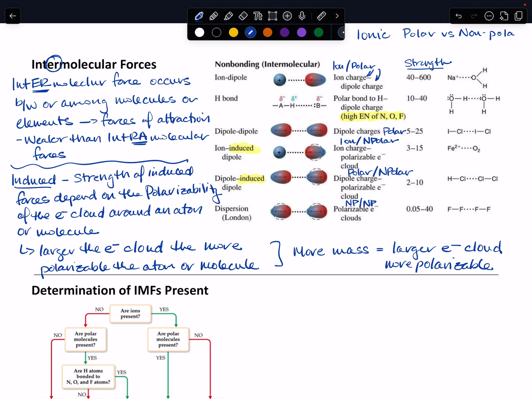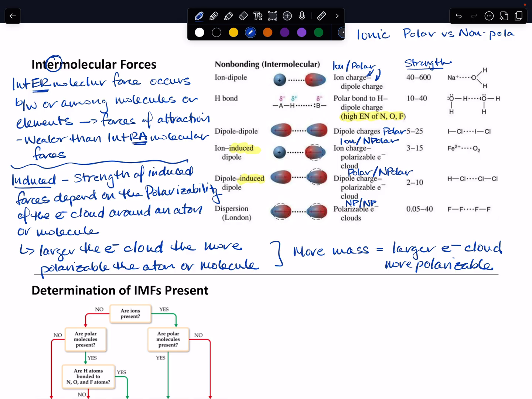So you get a temporary dipole that forms in that particular nonpolar molecule. If that temporary dipole then induces a dipole in another molecule, then your next nonpolar molecule now has an induced dipole, and then it just moves throughout your sample, these inductions of dipoles due to this initial temporary dipole.